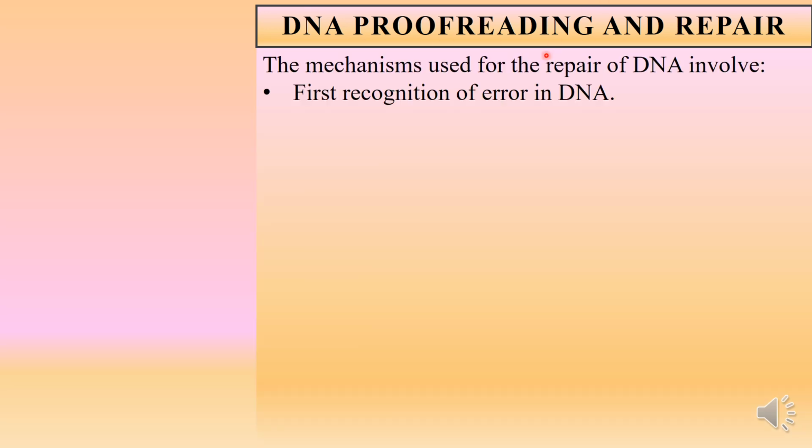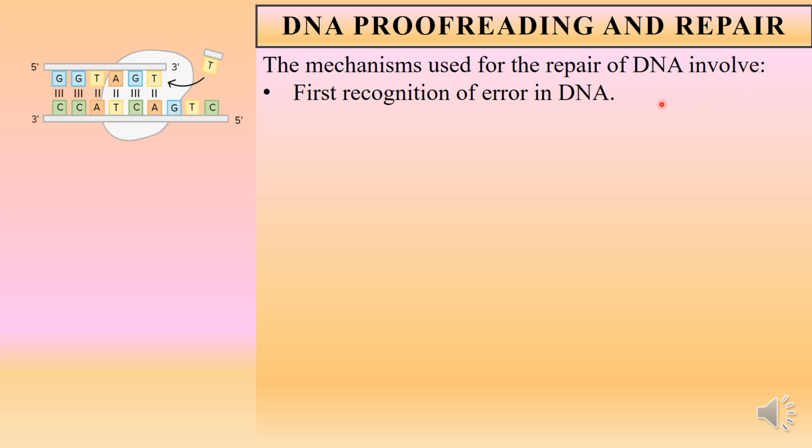The mechanism used for repair of DNA involves first recognition of error in DNA. So this is a DNA fragment. This is the 5' to 3' end, and this is the 3' to 5' end. And as you can see here, this is guanine, and the base which is coming to pair with guanine is thymine, which is an incorrect base pairing.